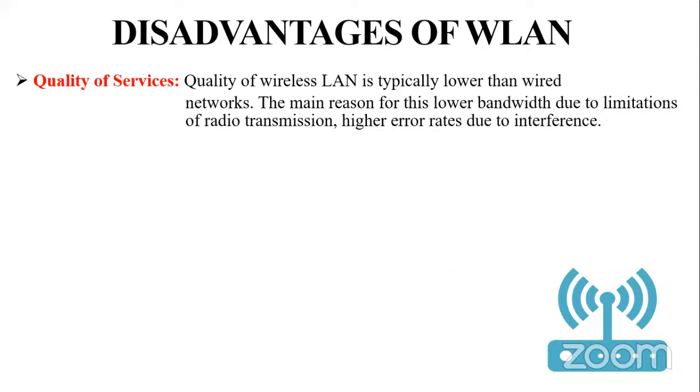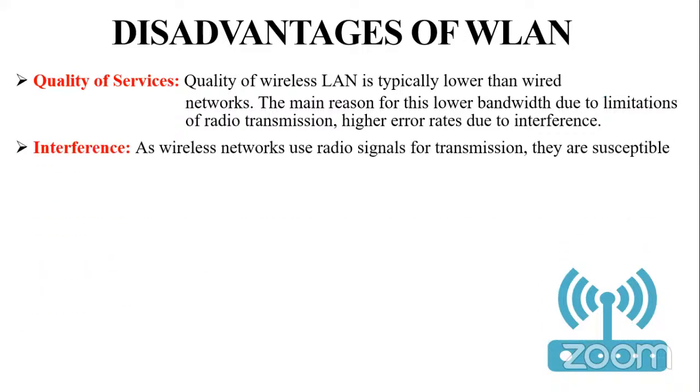And the main reasons for this lower bandwidth are the limitations of radio transmission and higher error rates due to interference. No need to write all of this. You can simply write that the quality of wireless LAN is lower than wide networks. The reasons you can write if you want.